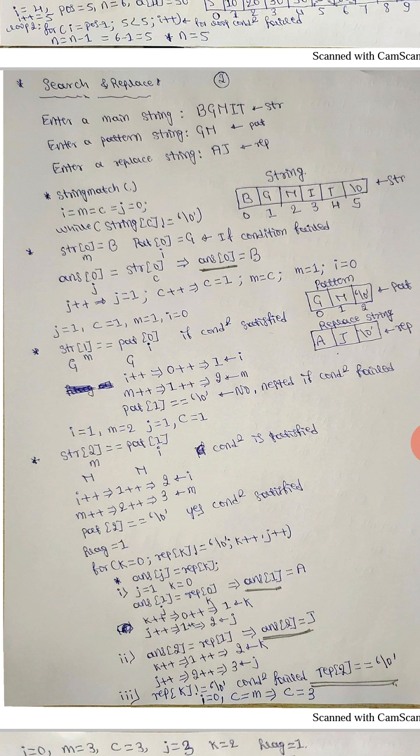Main string has not yet reached \0. Now it is pointing to I, and again the pattern index i is reinitialized to 0.